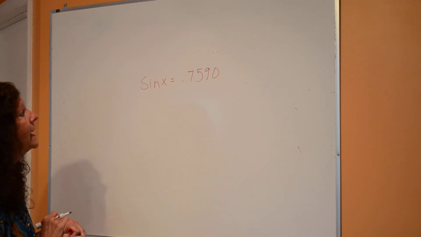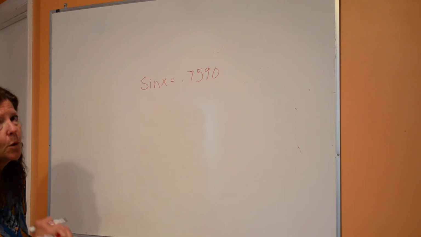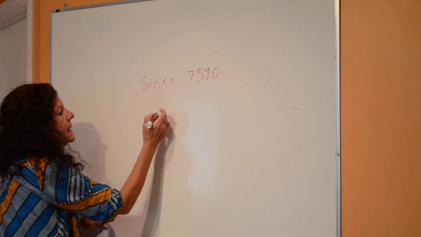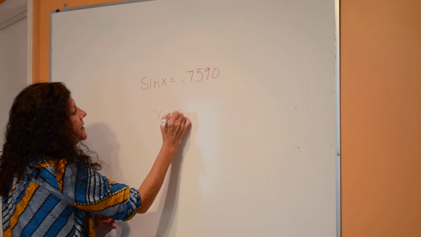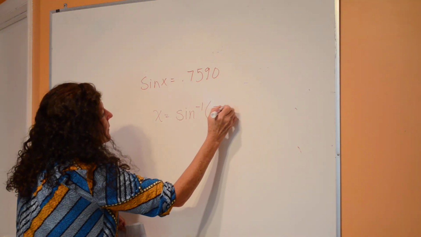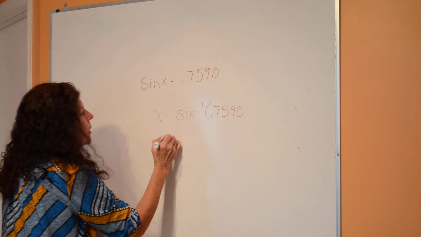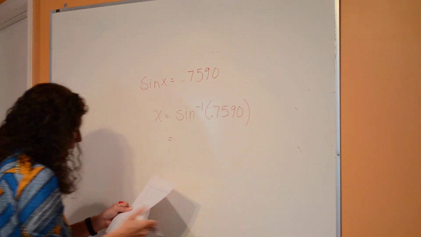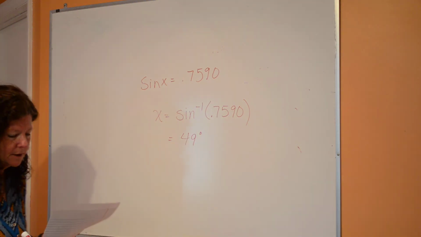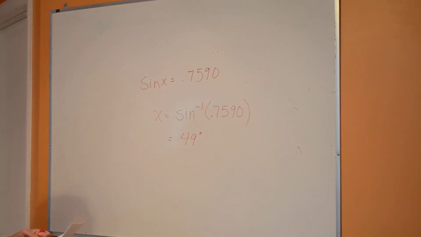So if I'm looking for an angle, I'm always going to have to use the inverse. In this case, it's going to be the inverse sine. So x is going to equal the inverse sine of 0.7590. If I do that out on my calculator correctly, I should find a rounded off degree of 49 degrees. Okay, so you might have some problems that are like that. That's just calculator use.